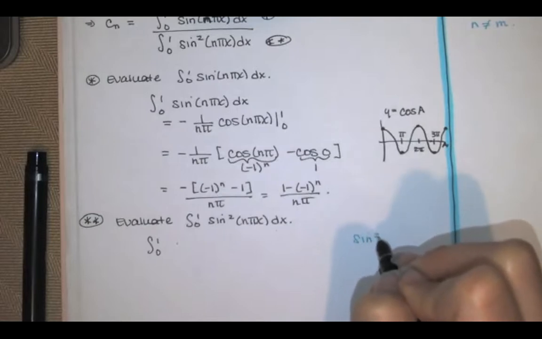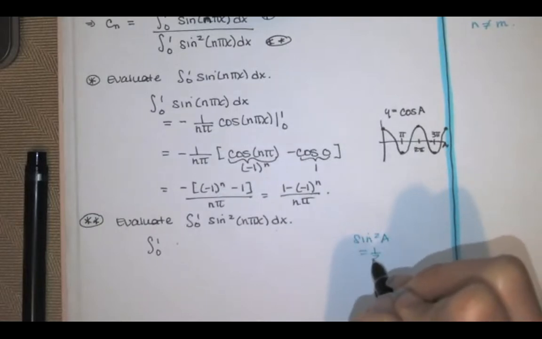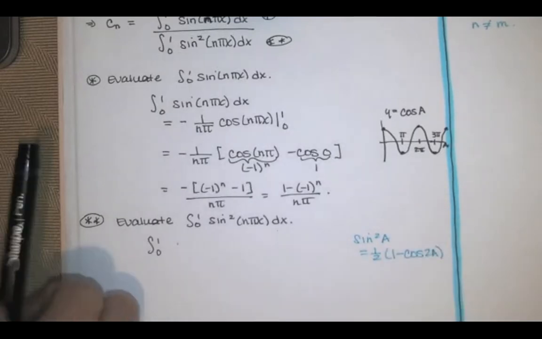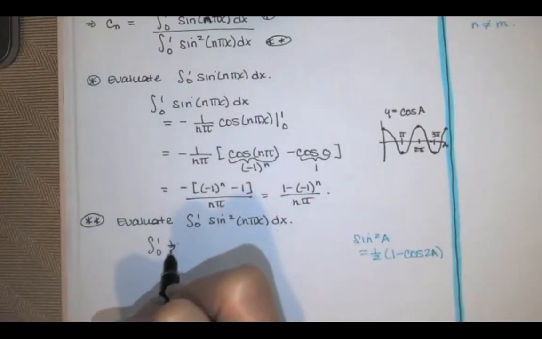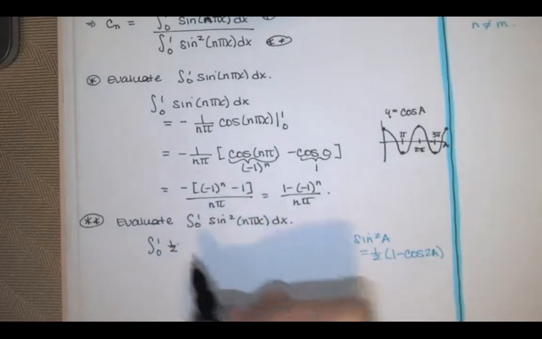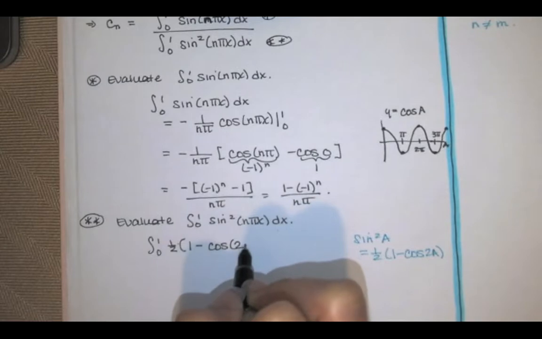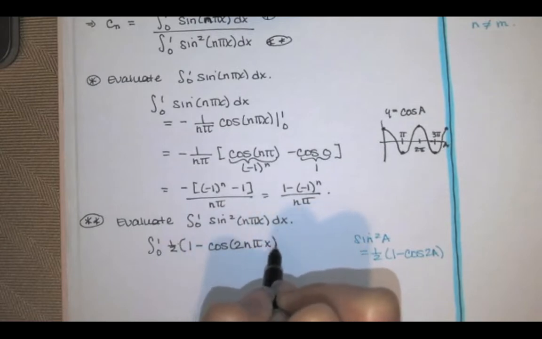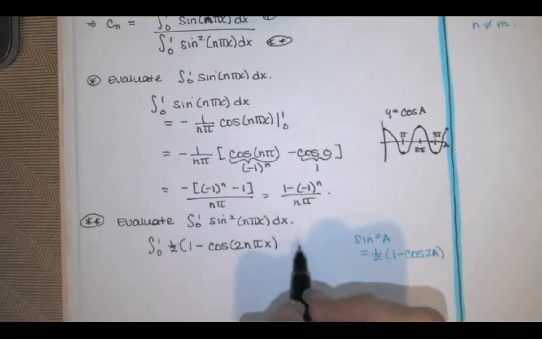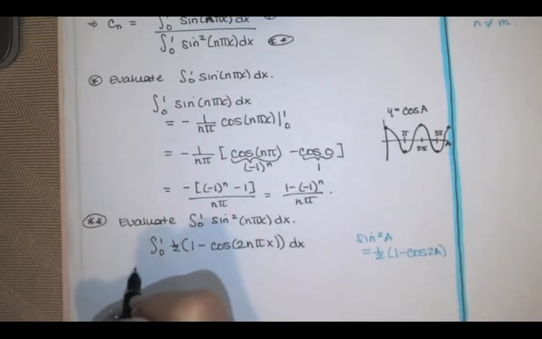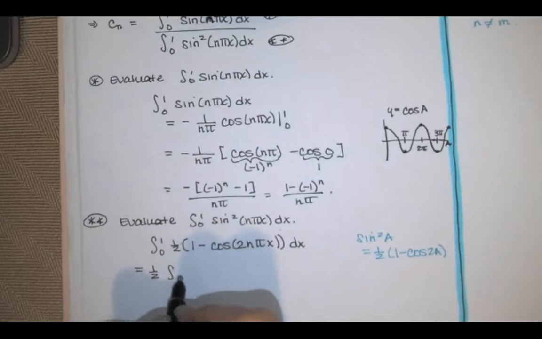Sine squared of some angle turns out to be 1/2 of 1 minus cosine of twice the angle. So the integrand is 1/2 of 1 minus cosine of 2 times n pi x, or you might write 2 pi nx. The order doesn't matter, right? Because that multiplication is commutative.